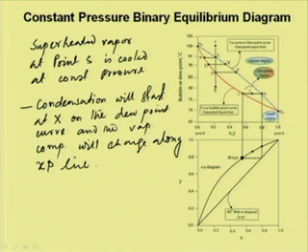So, when the entire vapor is condensed and the liquid is again cooled, it will reach the point E, which is subcooled.